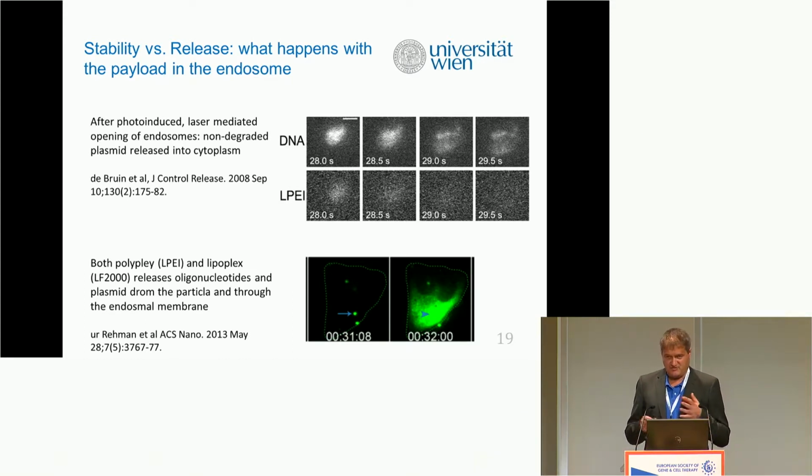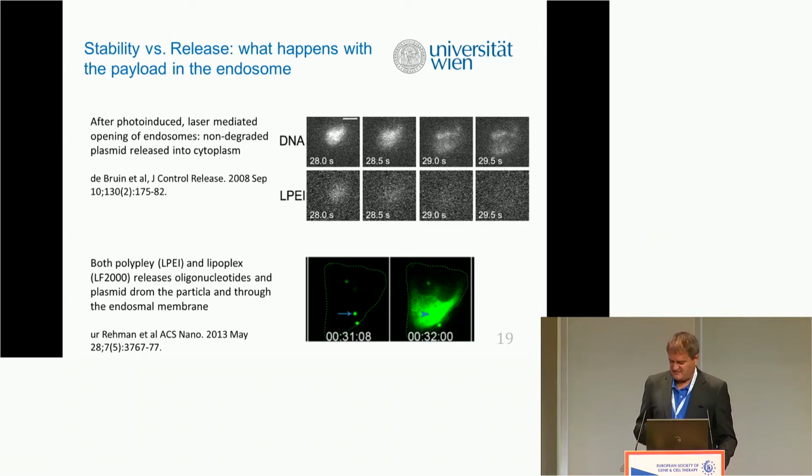Cells were co-incubated with a photosensitizer and also with gene transfer particles, in this case plasmid DNA and linear polyethylenimine, both labeled with different dyes. Then they took a laser and activated this photoinducible structure inside the cell, and then immediately these vesicles burst.